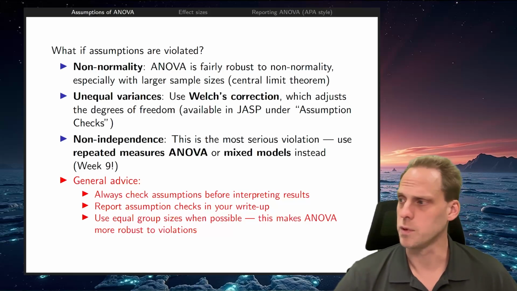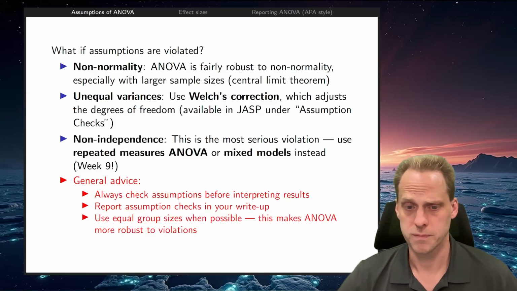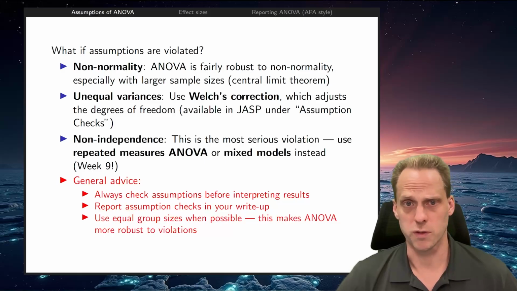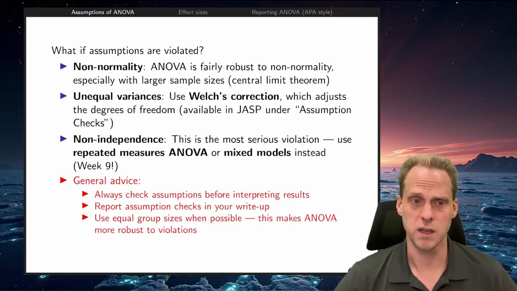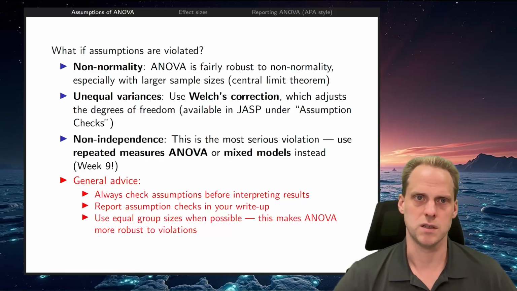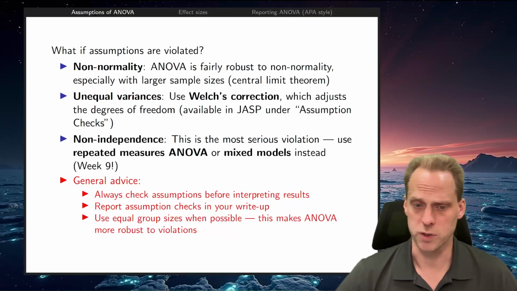They're hard to figure out, but with the help of AI, maybe you could figure it out more easily. But mostly you want to report them, even if they're violated. You just want to mention in the discussion, okay, normality is actually violated, so this might be a problem or this might reduce the validity of the results.